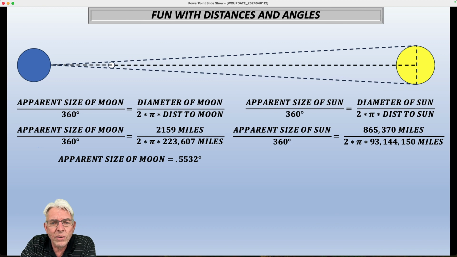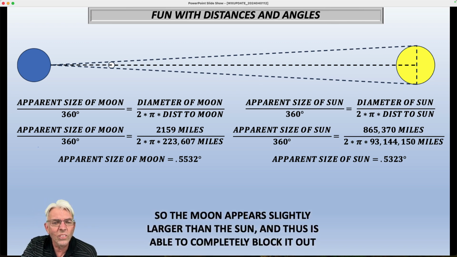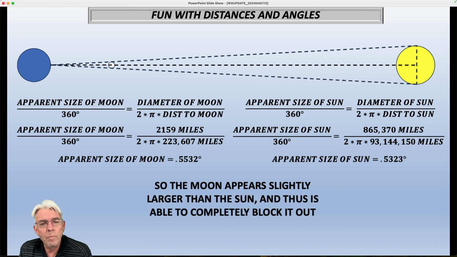We know the diameter of the sun is 865,370 miles, and the circumference of that big circle around the Earth that goes through the sun is 2 times pi times 93,144,150 miles. So the apparent size of the sun ends up being 0.5323 degrees.